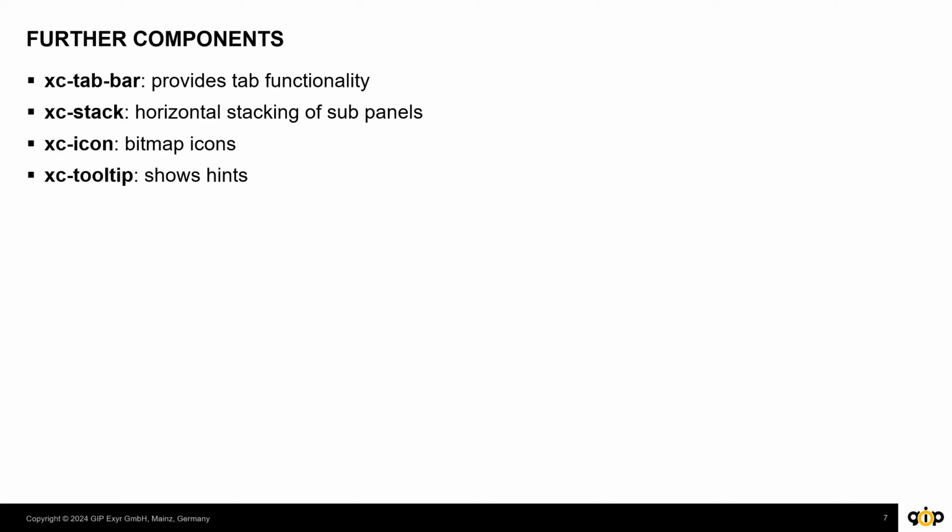But there can be any number of additional panels to the right of it, being handled in a stack-like manner. There are more Zeta components for basic functionality, like showing icons or tooltips. For more information about the mentioned and the remaining ones, refer to the wiki on GitHub.